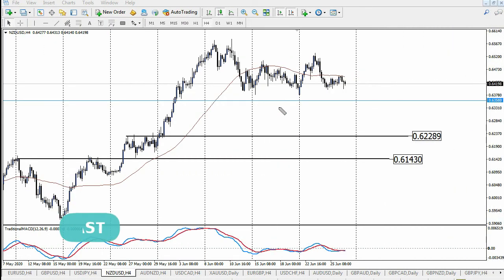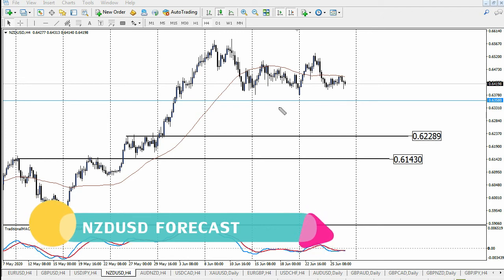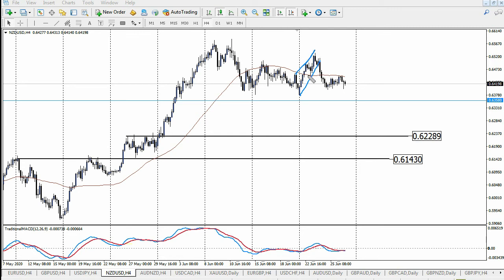So this is the Kiwi USD. As I told you last week, the price may create some corrective structure before going down, and the price is moving as expected. So what will be the next move of Kiwi USD this week?